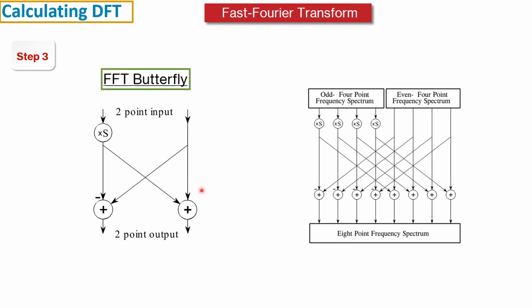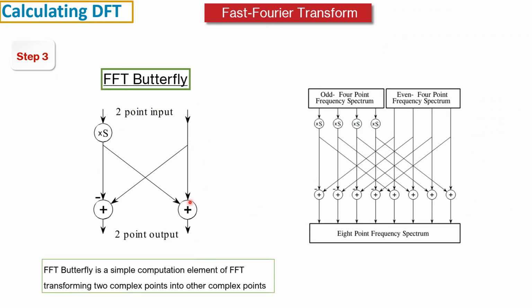It's the basic component and the simplest element of FFT. It is called the FFT butterfly because of its wing-like shape. So for this reason it is called the FFT butterfly, and it is the simplest and basic form of the FFT, this part. So this one is repeated over and over in this graphical representation, okay.